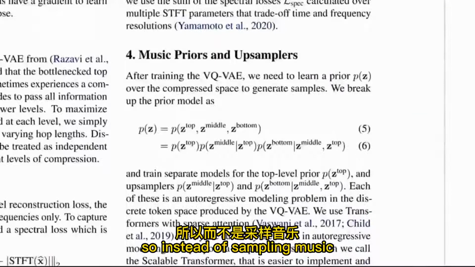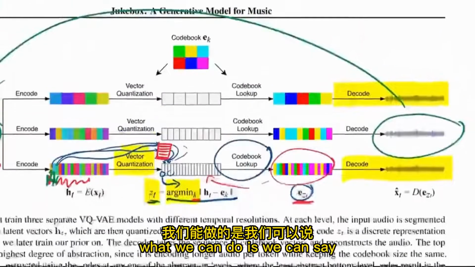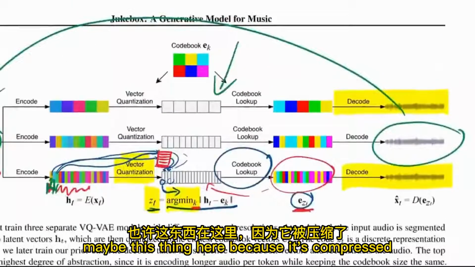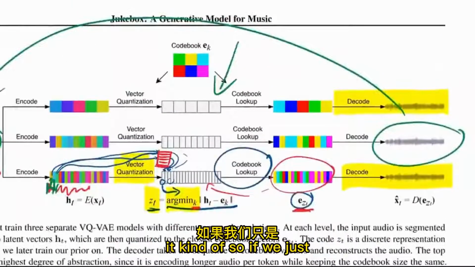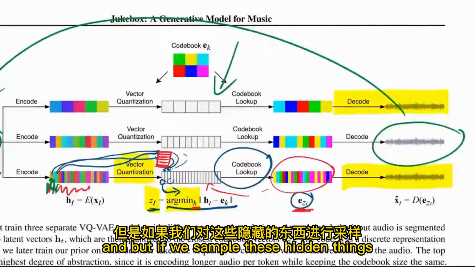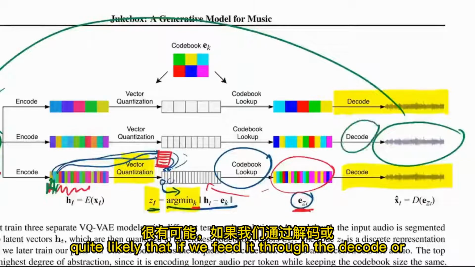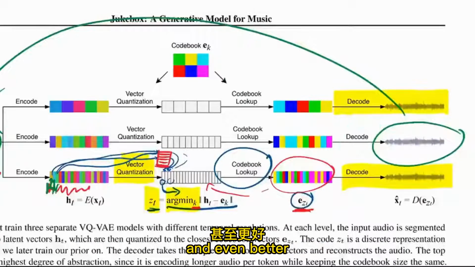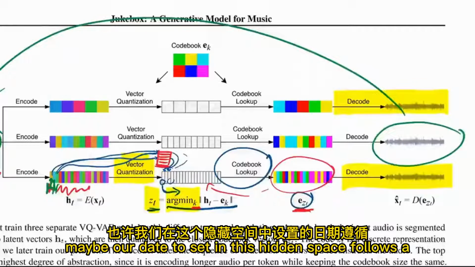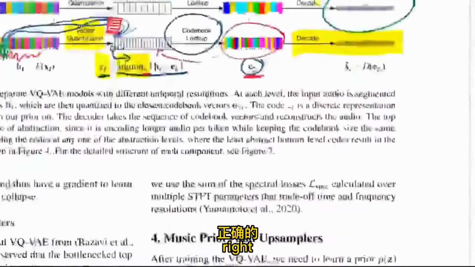So instead of sampling music, we have no clue of how to sample music unless we are given some music. What we can do is say maybe this thing here, because it's compressed, so if we just sample a waveform, it's very unlikely that it's music. But if we sample these hidden things, it's quite likely that if we feed it through the decoder, something will come out. And even better, maybe our data set in this hidden space follows a simpler distribution, one that we could learn, right?